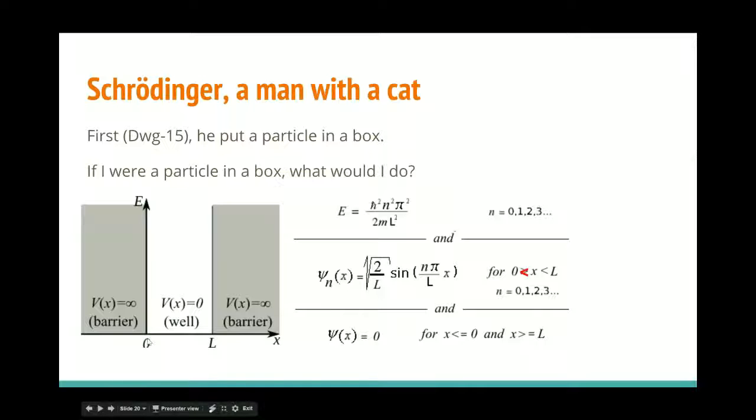for x equals 0, sine of 0 is 0, and sine of pi, or 2 pi, or 3 pi, or 4 pi is going to be equal to 0. So whenever x equals L, it's going to be equal to 0. And then you have n. That's where the n actually comes from. I should have started with this.